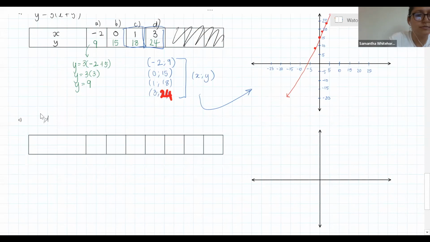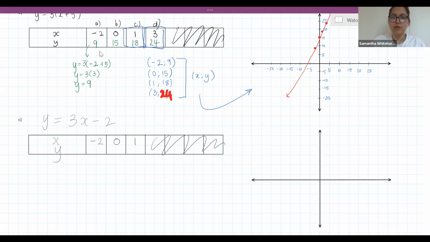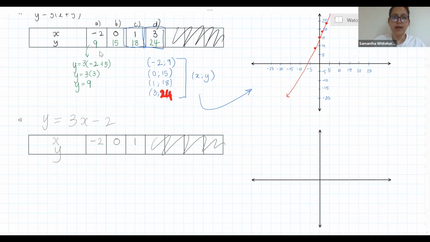I'm going to give you some inputs and some outputs. So let's go -2, 0, and 1. I'm going to give everyone a second. I would like you to work out your outputs when your input is -2, 0, and 1.